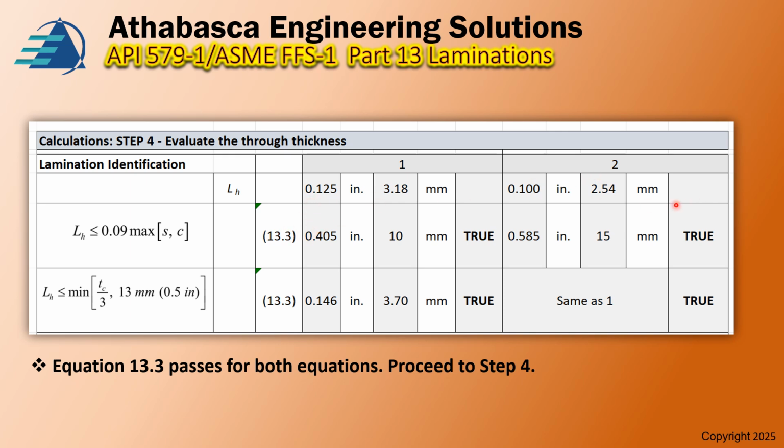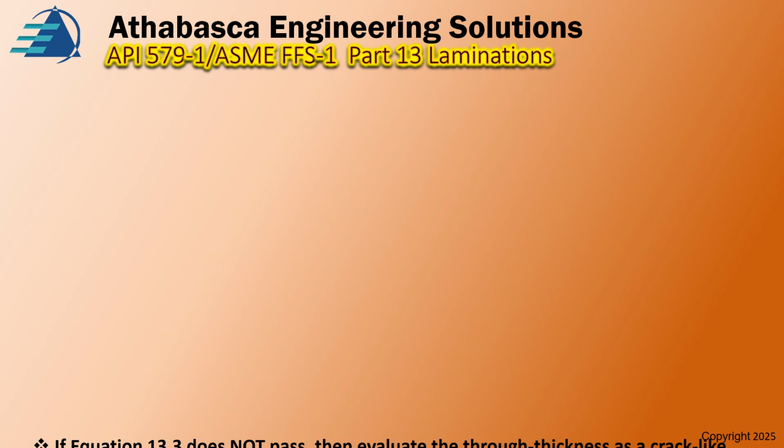I do the checks for LH, which is how close, how non-planar it is. And so we feed that into that equation, and we look at S and C, and we determine that everything passes, so we can proceed to the next step.